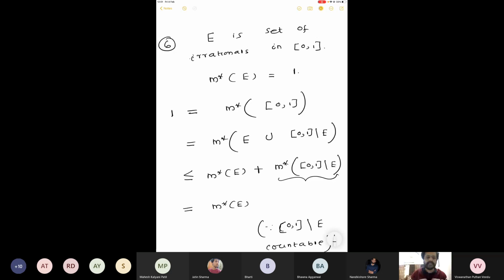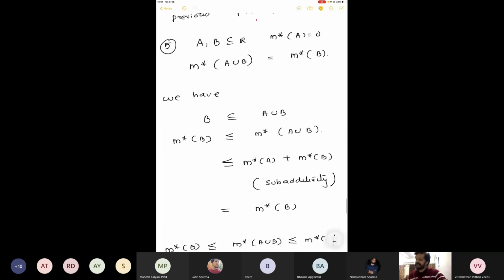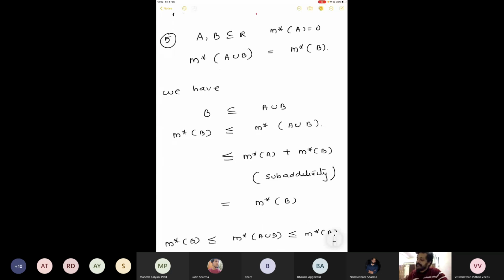Somebody was asking something in between. Sir, can't we use the result we have proved in question 5? M star of A union B is equal. Definitely, it's a sub case. Because here you have m star of rationals in 0, 1 is 0. Therefore, m star of irrationals in 0, 1 will have same measure as m star of 0, 1.